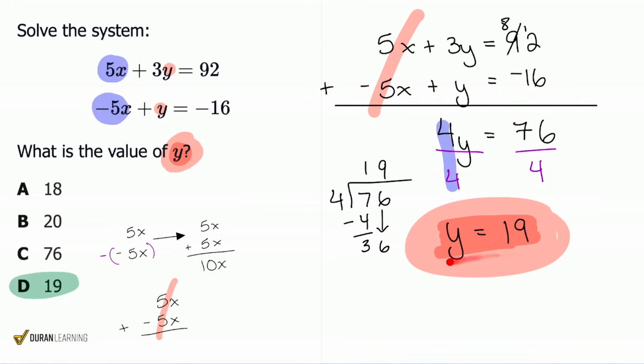What would we do? If we found y, what would we do to get x? Yeah, we would plug it in. You can pick either one. You would plug in the 19 for y on either one of these, and then you would just solve the equation. And so hopefully we can go ahead and try one of those questions in today's class, but now you know, and hopefully we'll look out for that when it comes.